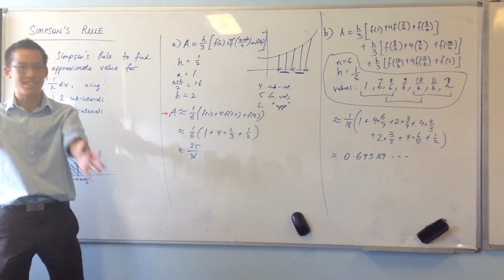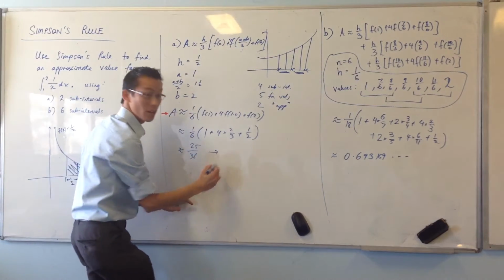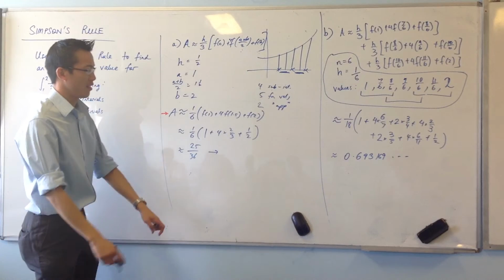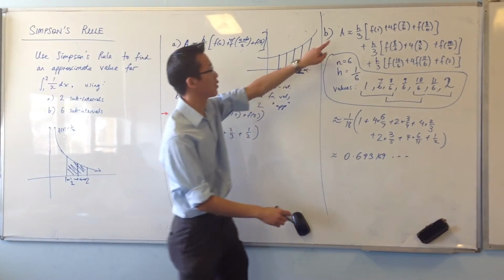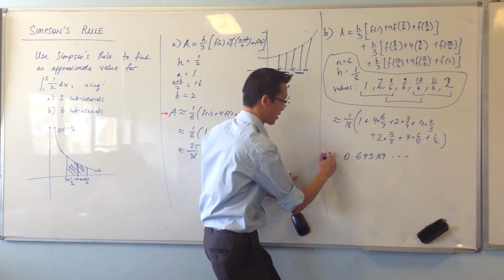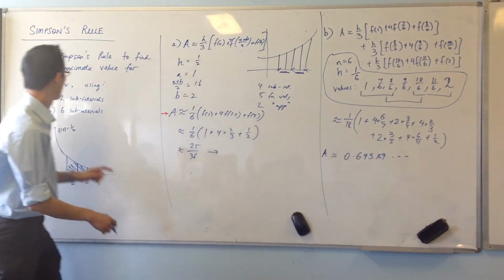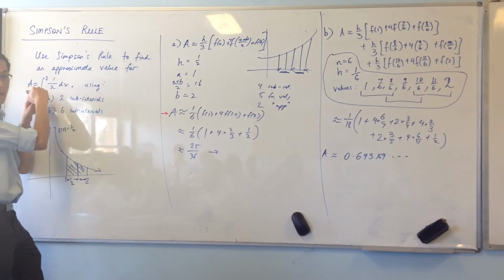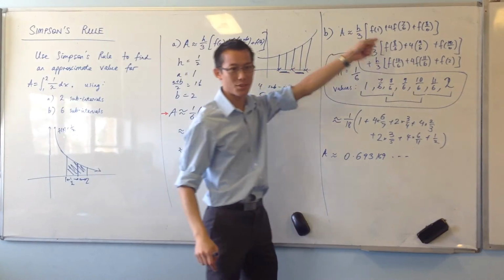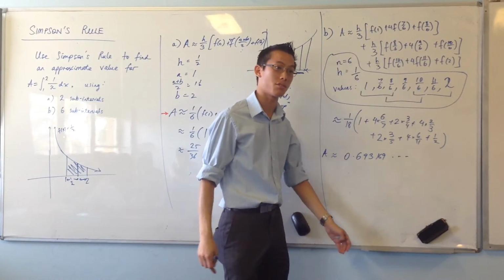Now, since we've got that as a decimal, can we get this as a decimal as well? Why do we have to keep using the squiggly equals sign? Because what I've started with, right, I've defined the left-hand side as this integral, right? So this integral is equal to that, but I'm not working out the integral here, I'm working out an approximation to the integral.